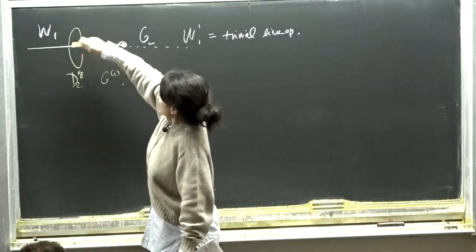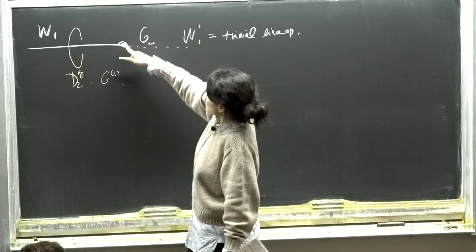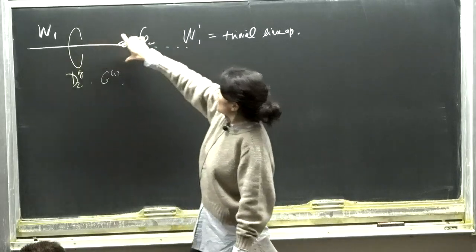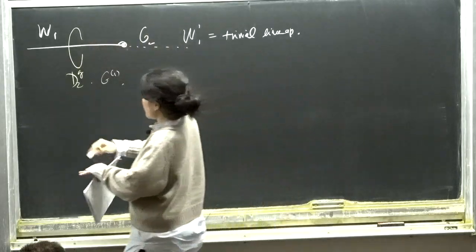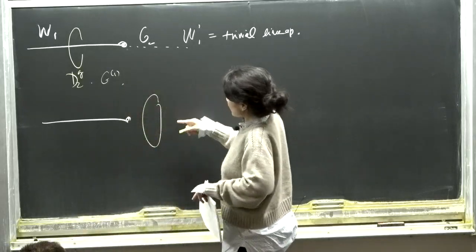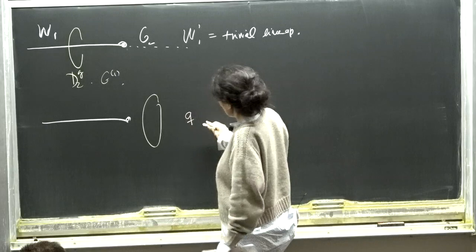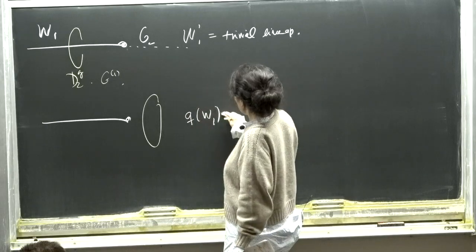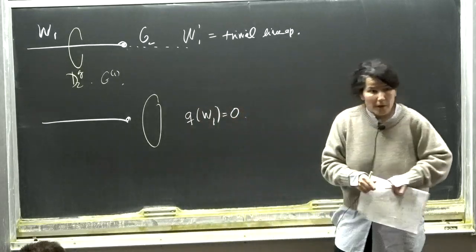I can calculate it here, but if in fact I can end this operator, I can also take this to this side here, and then collapse it, and here I would get that the charge of this line operator is 0, right?